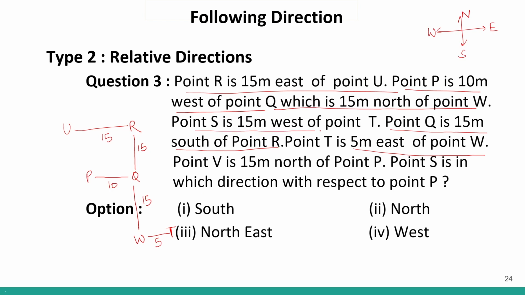Now, point S is 15 meter west of point T. If it is 15 meter west of point T, that means it will fall in the same line as P. Correct?